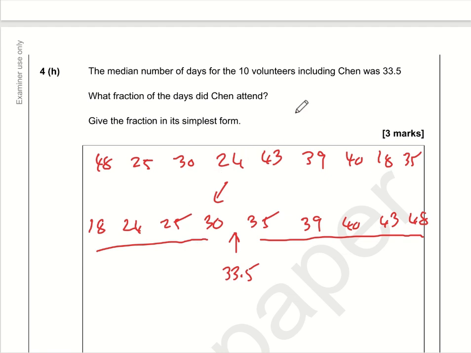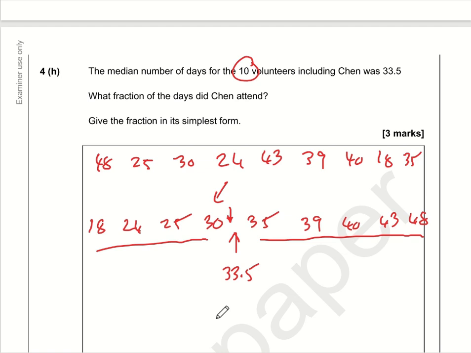We've got 10 values. Because it is an even number of values, when we find the median, instead of finding one value in the middle, we get 2 values in the middle, and we take the mean of the 2 values. Now 30 and 35 cannot be the middle 2, because if I were to take the mean of those 2, I would get 32.5, not 33.5. So therefore Chen's number must be between 30 and 35.